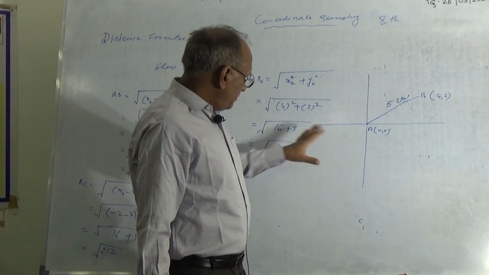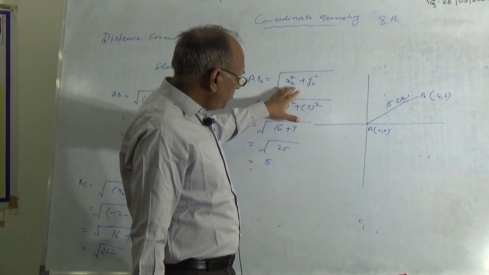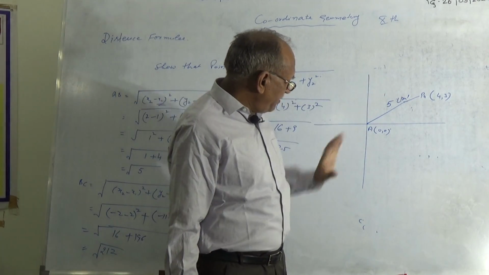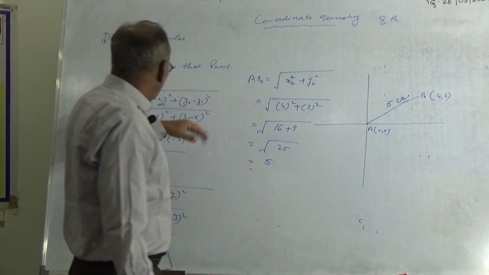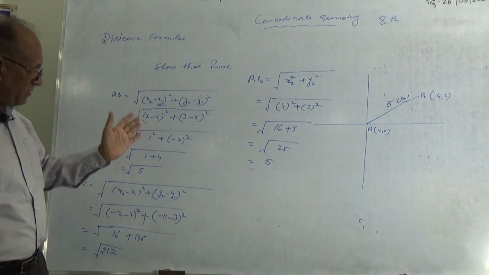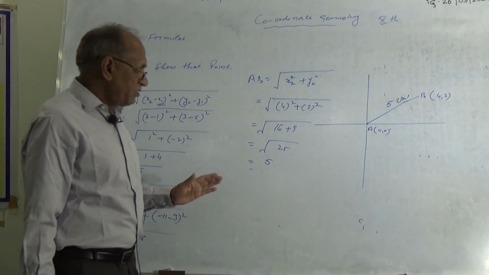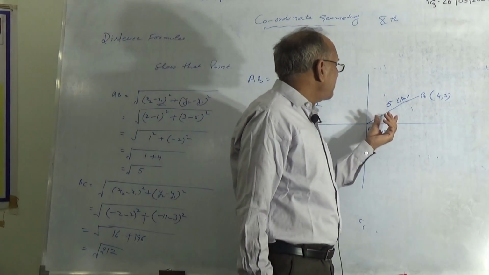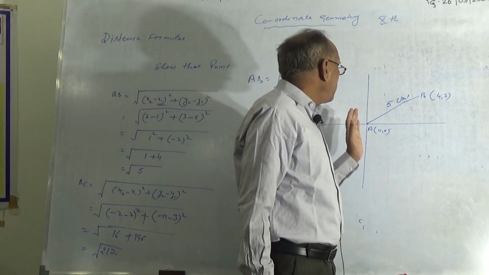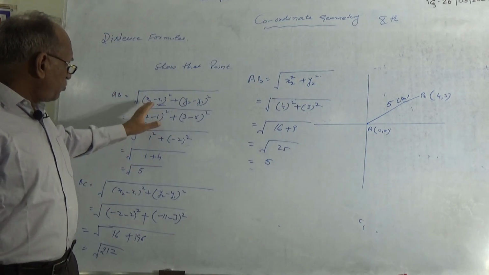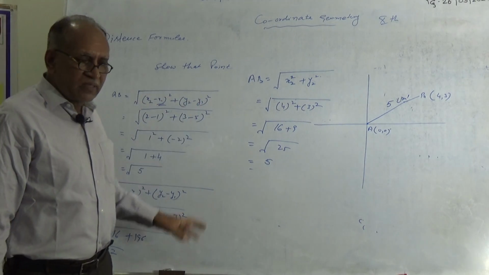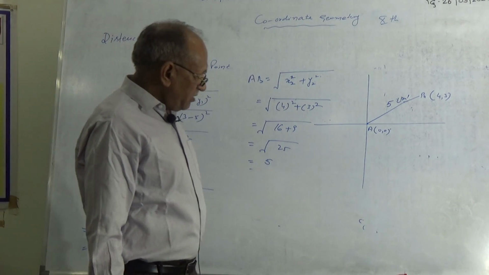Just like here we used it for finding the value of AB, which is 5 units. And if these 2 points are not at the origin, then we use the distance formula, square root of (x2 minus x1) square plus (y2 minus y1) square.